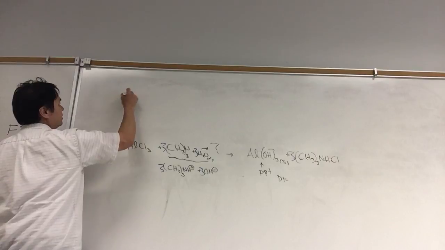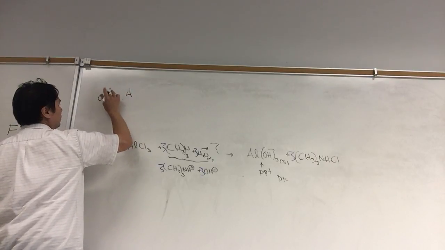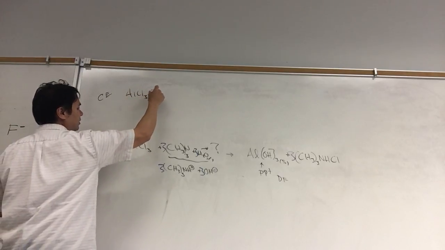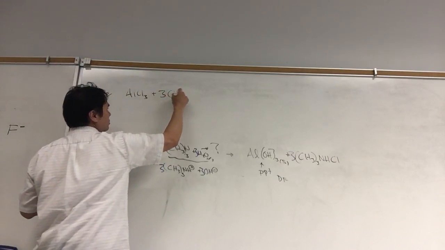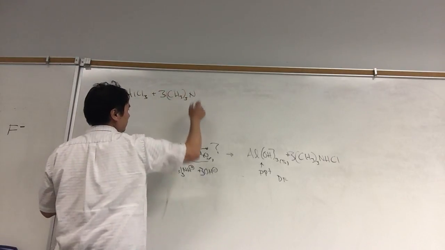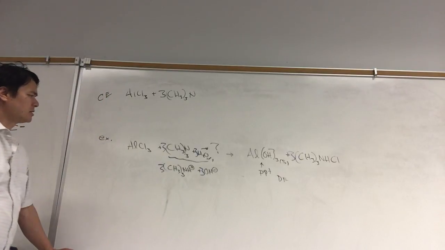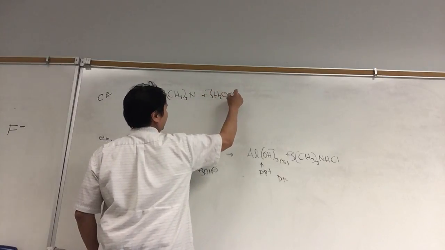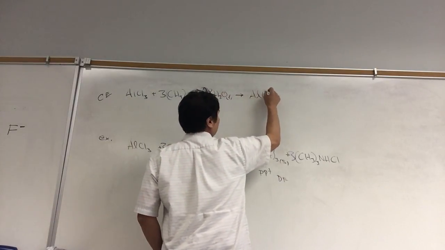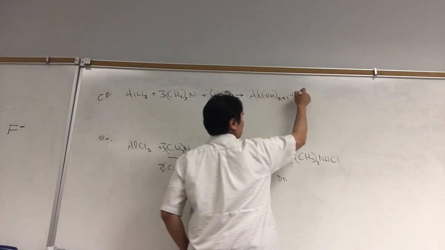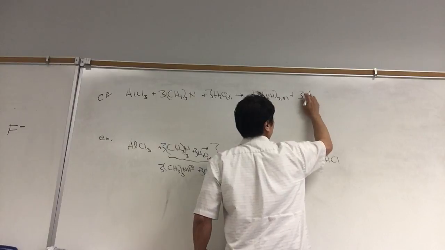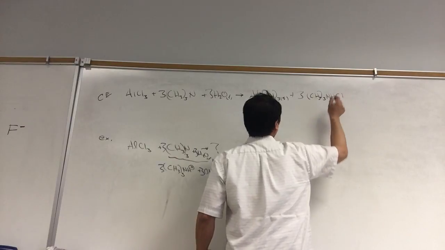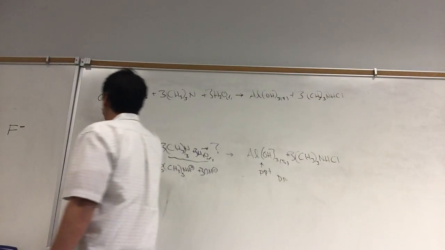Rewriting this as a complete equation, I get aluminum chloride plus 3 trimethylamines plus 3 H2O liquids is going to give us aluminum hydroxide solid plus 3 trimethyl ammonium chlorides. We'll go to the ionic equation.